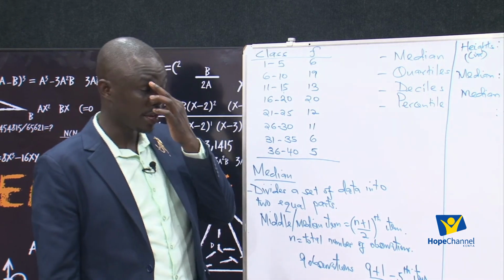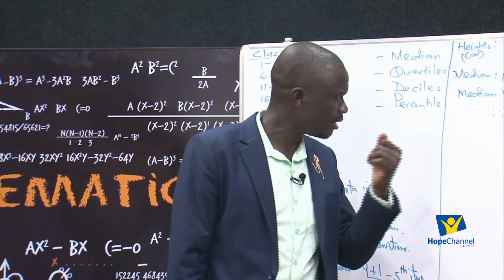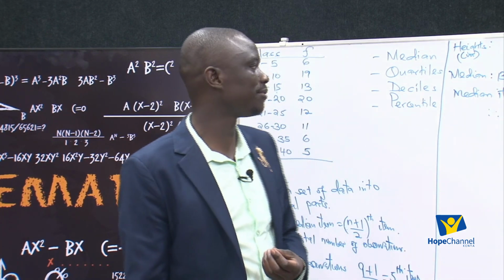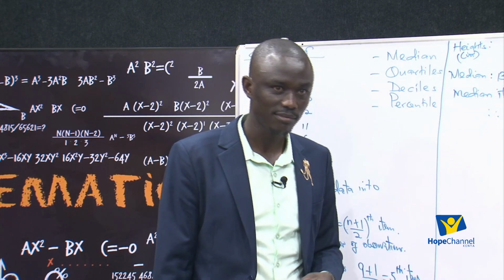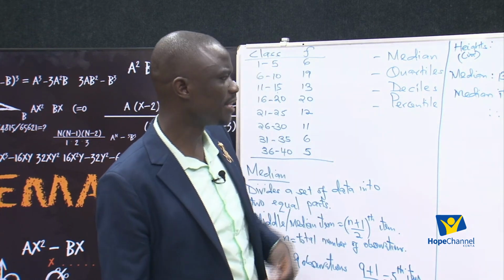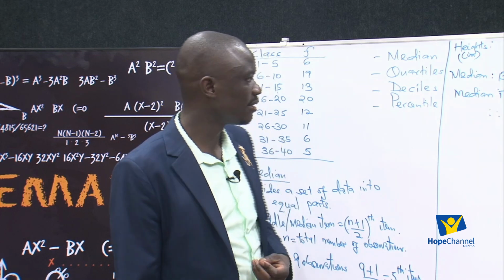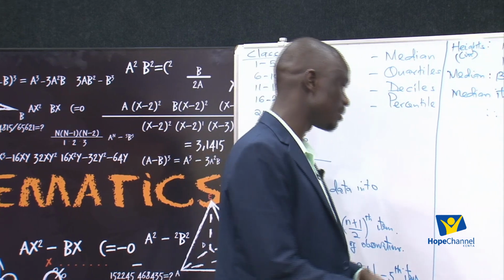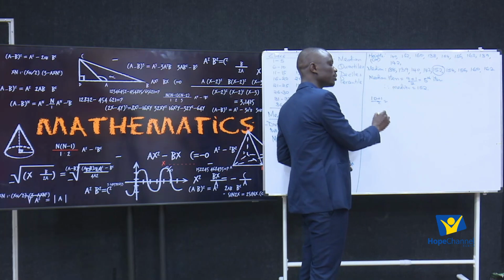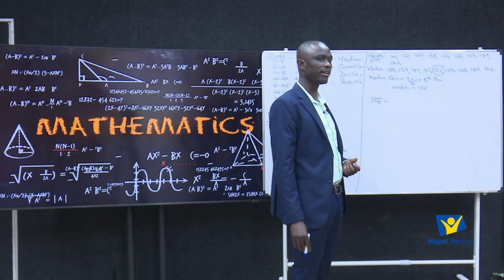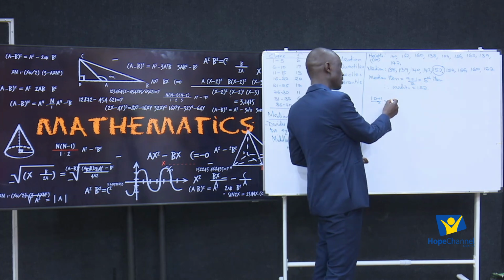I know somebody is asking, Mwalimu, what about if these observations were not 9? If they were 10, the formula still applies: 10 plus 1 divided by 2. So 10 plus 1 is 11, and 11 divided by 2 is 5.5.